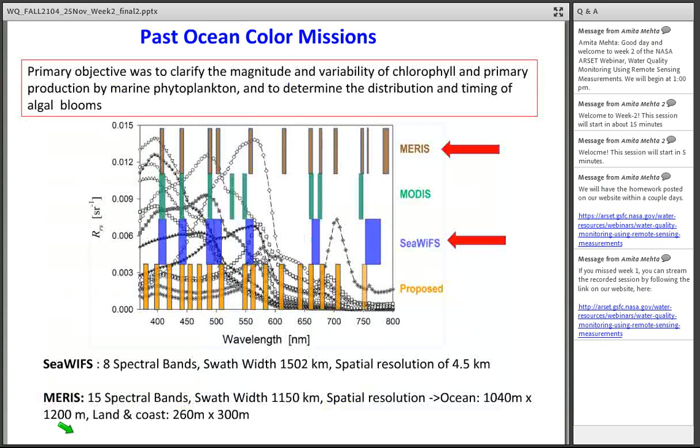So these 2, SeaWiFS and VIIRS, as bands are shown here, this is VIIRS, this is SeaWiFS, and MODIS is shown in comparison.